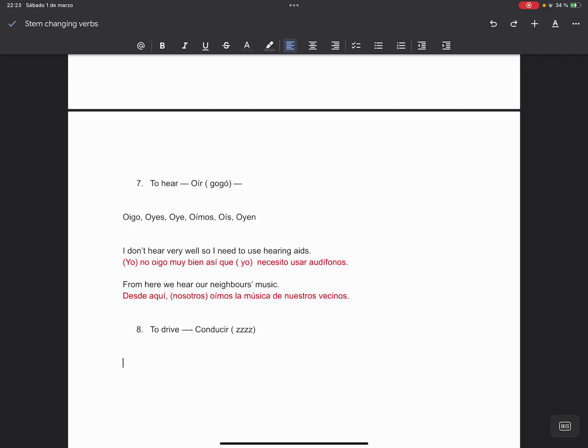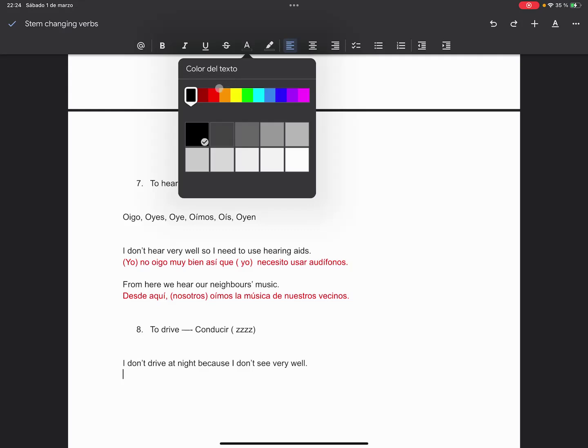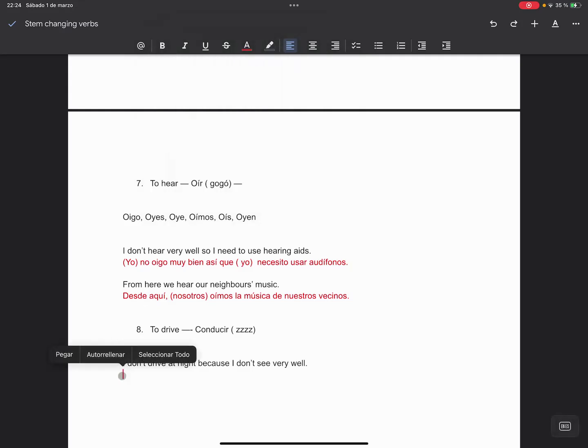So let's make a sentence. I don't drive at night because I don't see very well. Okay, so go verb, sorry, Z verb.